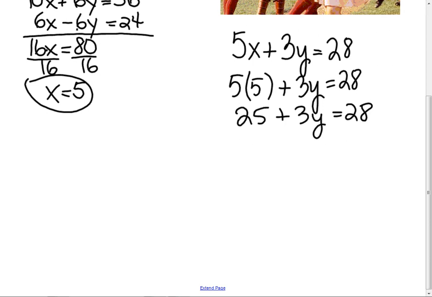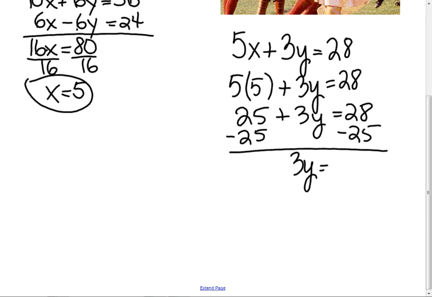What do we do next? Minus 25. You can't forget what you've learned in math, because we use it all the way through. Everything builds. You know that 1 plus 1 is 2. At least I hope so. Because 3y equals 3, and divide by 3, or you can just look at it and say y equals 1. So you must find both x and y.